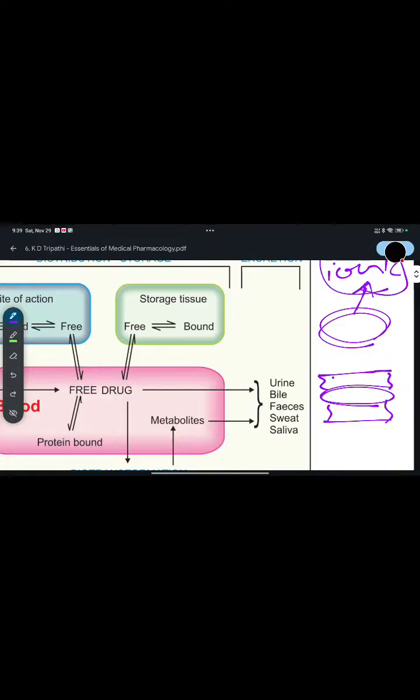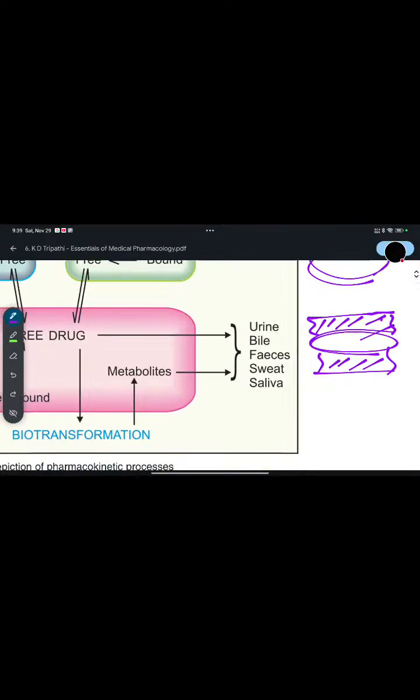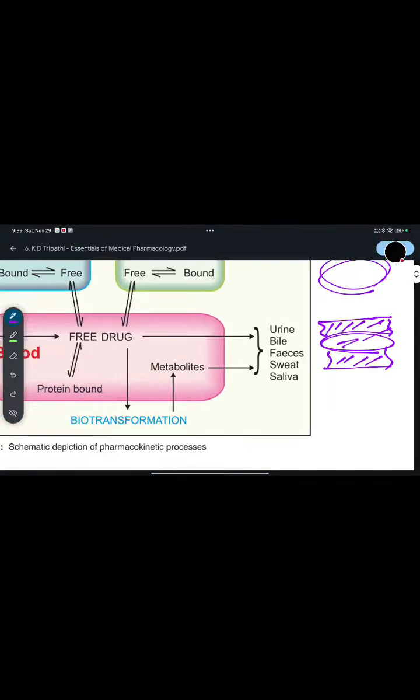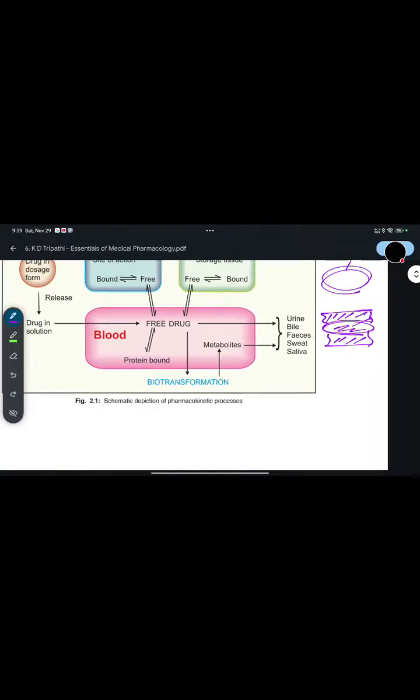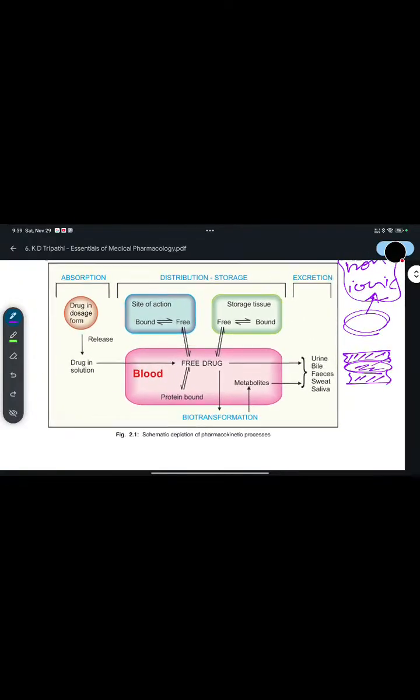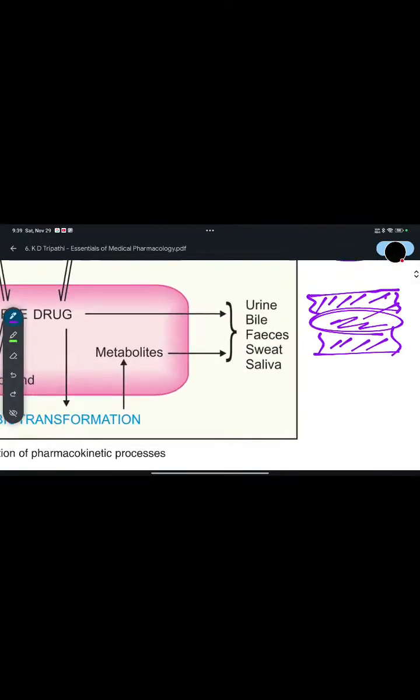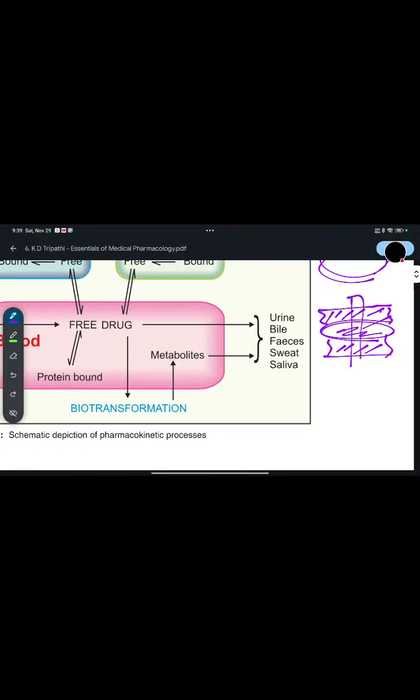These lipids are non-polar in nature, and in between them some polar nature will be there. Some integrated protein and other extra protein will be there which will create some channel.